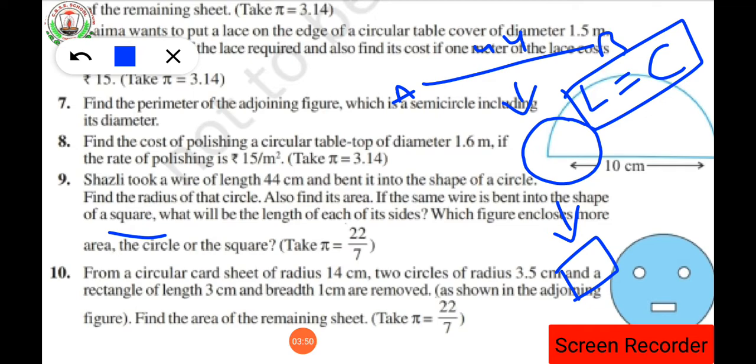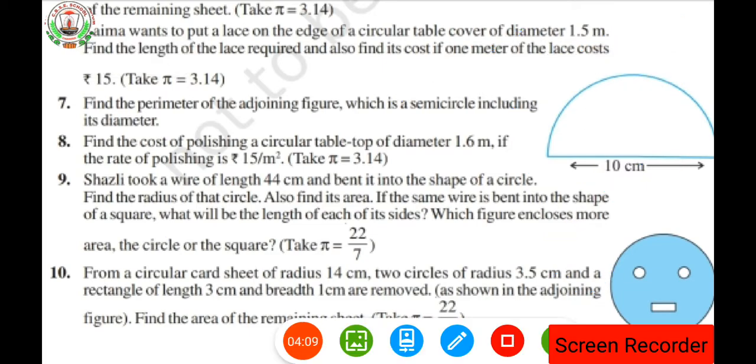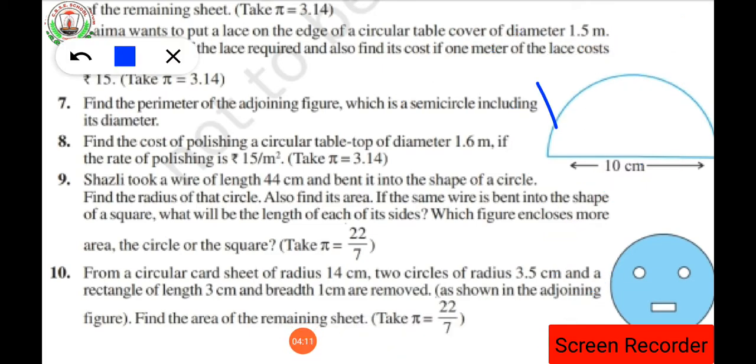That's why, suppose this is the center, this is the point A of the wire. So we are going to start from A and again join with A, isn't it? Then B will be joined with A. So in this way we have to consider that the length of the wire will be equal to the circumference of the circle. Clear? That's why the circumference of the circle is equal to 44 centimeter.